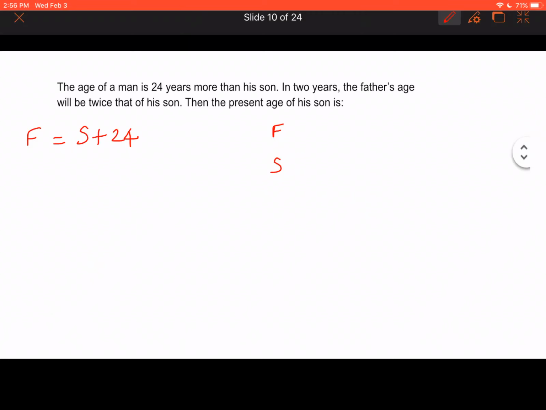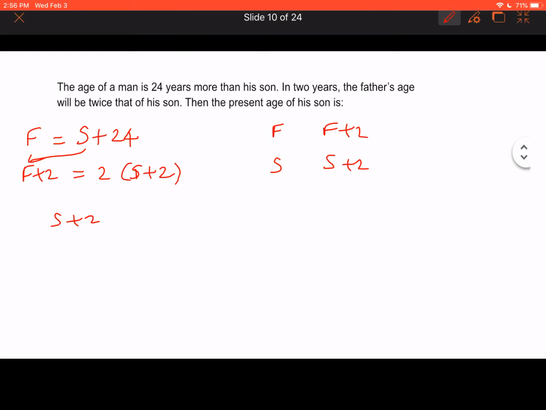Okay, in 2 years, the father's age and the son's age will each increase by 2. In 2 years the father will be twice that of his son, twice that of his son, that is S plus 2. Now we know the value of F, so just substitute it.